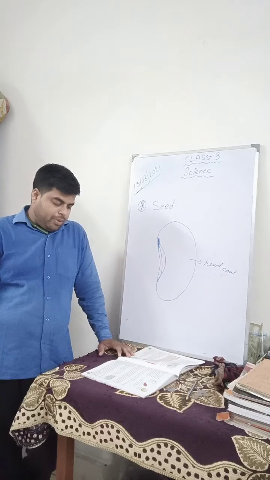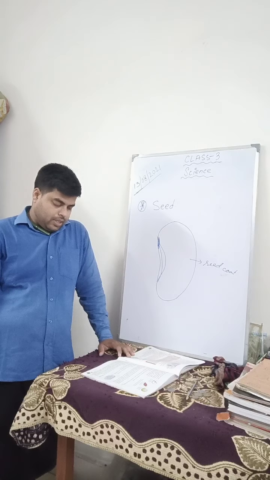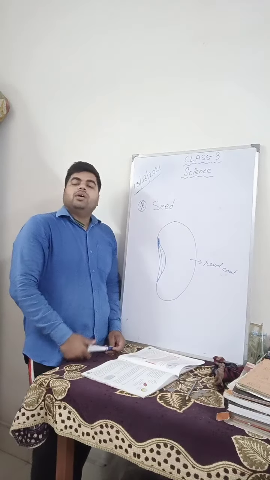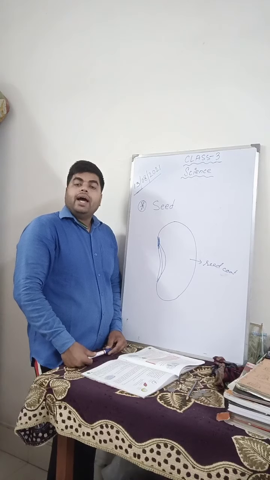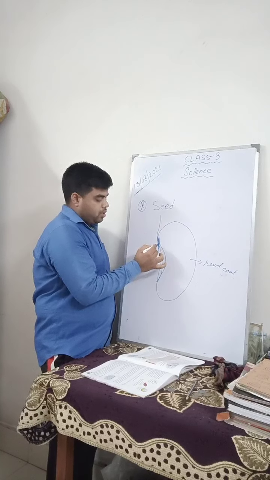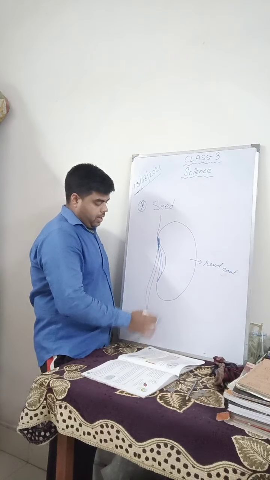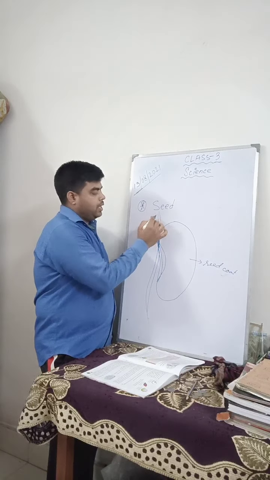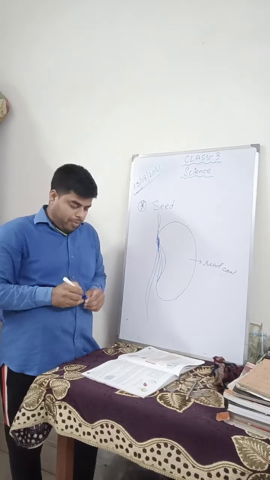The embryo is the baby plant inside the seed. Inside the seed, the white part is the cotyledons, and from that a new plant grows, roots grow downward into the soil. That is known as the embryo, the baby plant.